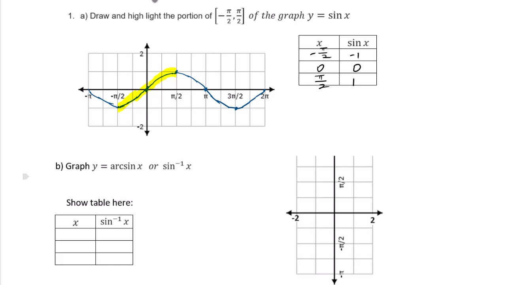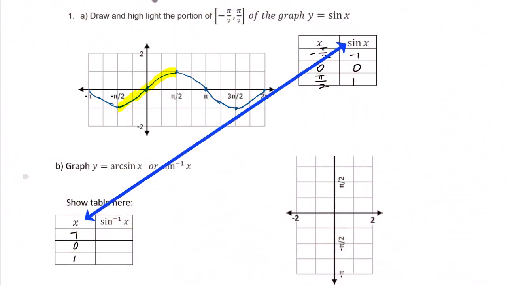Now let's graph y equals arc sine x. Since for inverse functions, their domain and range are switched, the domain of y equals sine x is the range of y equals inverse sine x.